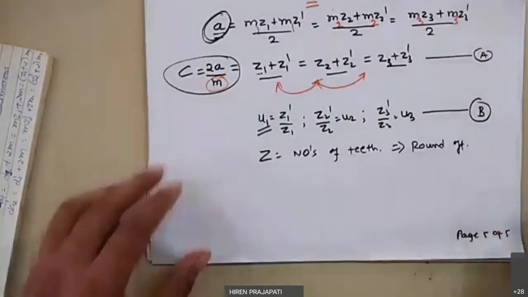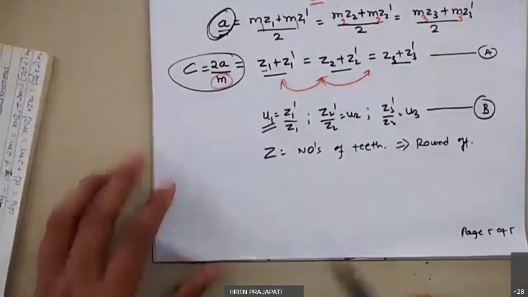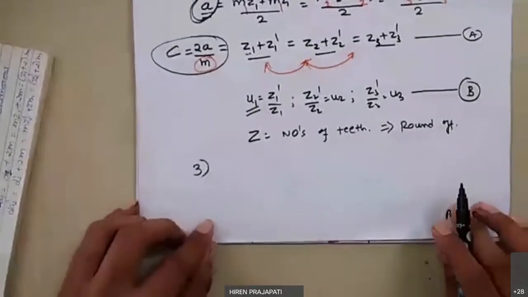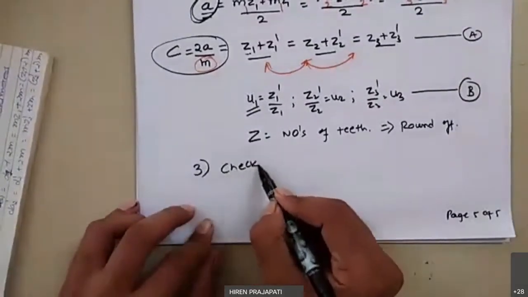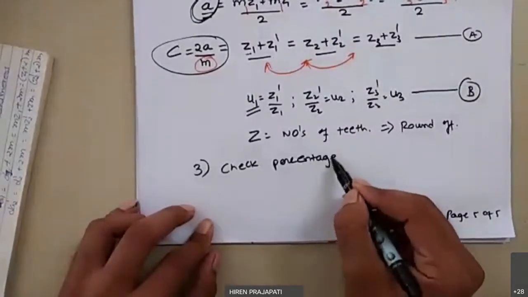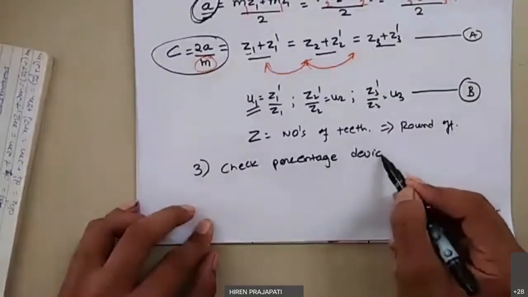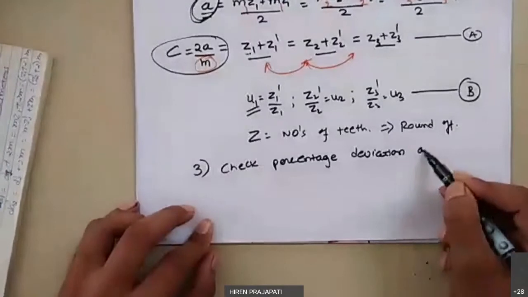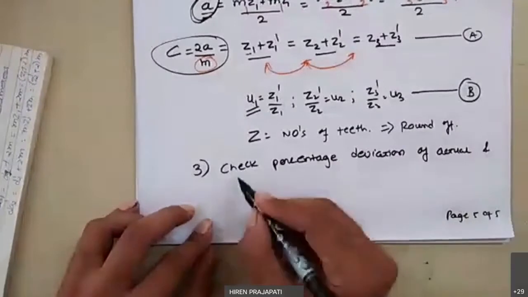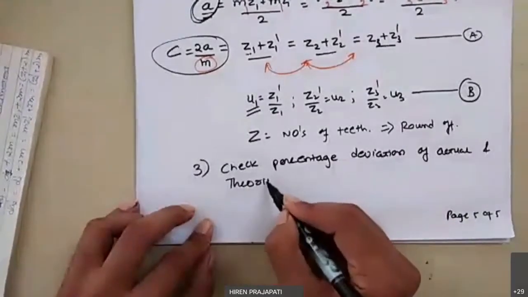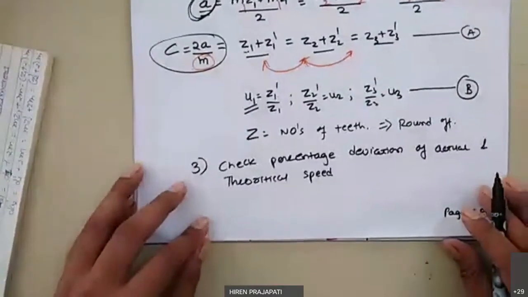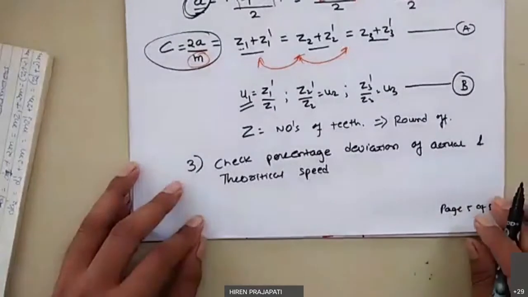So that's why our third guideline is to check the percentage deviation of actual and theoretical speed, right? So this deviation we need to check.